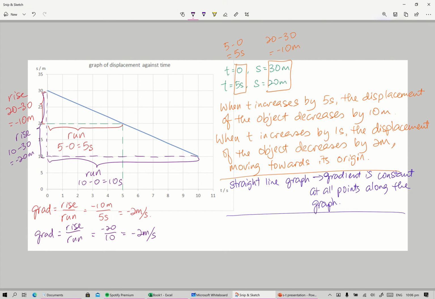So how do we describe the motion of this object in a more comprehensive manner?